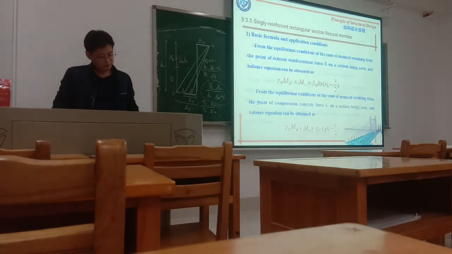And then for the moment, from the equilibrium condition of the sum of moments about the point of the tension reinforcement T, the balance equation should be like this: fcd b x, the compressive force, times h0, the effective height of the section, minus half of x.